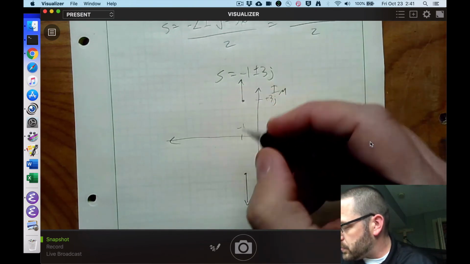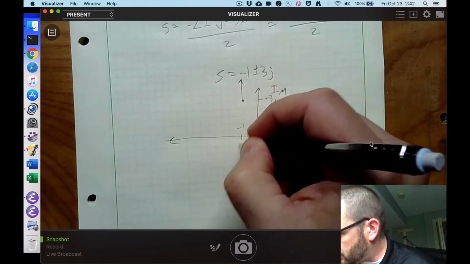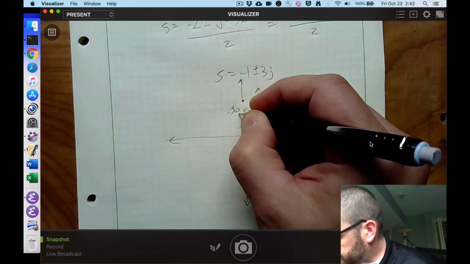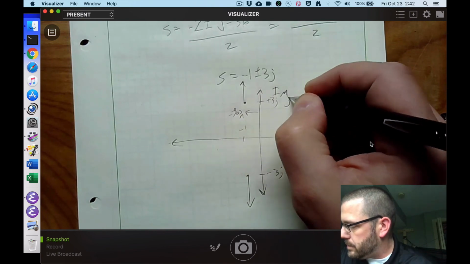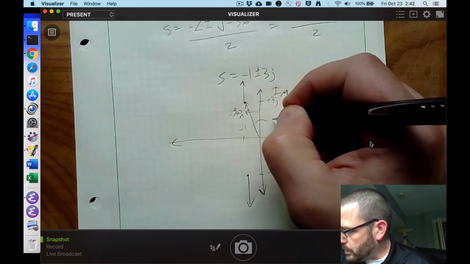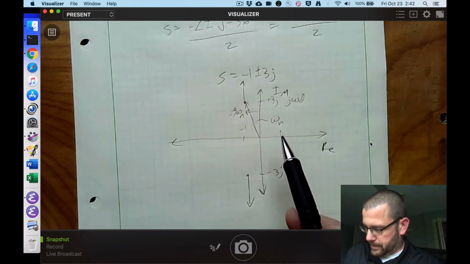What that means is, because this real part is negative zeta omega n, and this part is j omega d, and this radius is omega n, we've kind of talked about those things. We could review that if we needed to.